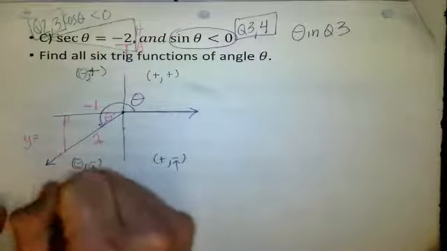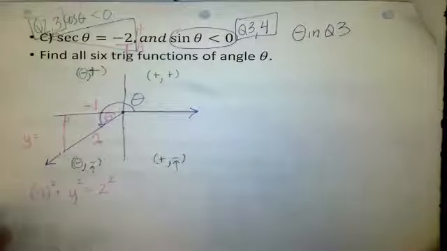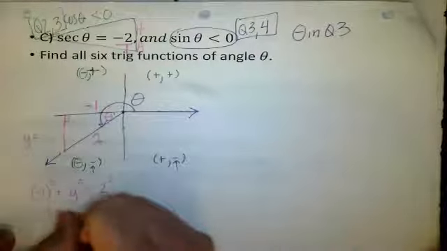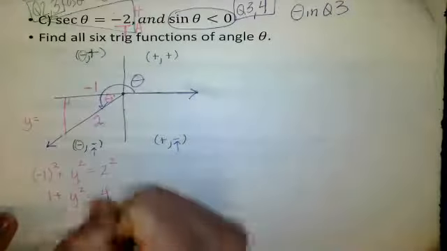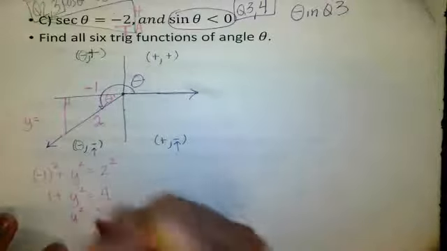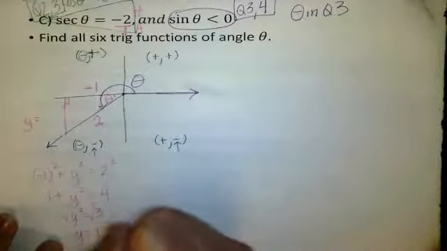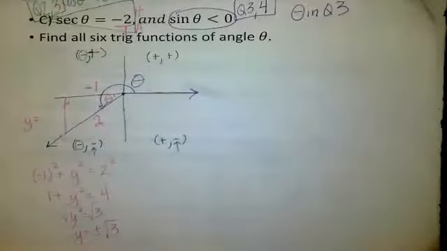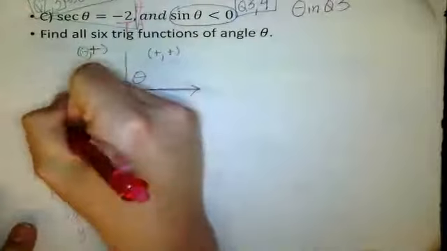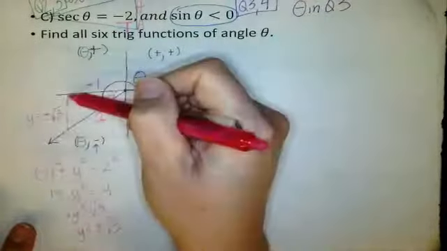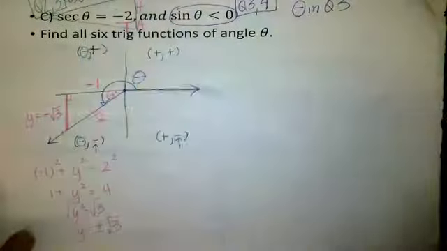So negative 1 squared plus y squared equals the hypotenuse squared. I'm going to subtract 1, so I get y squared equals 3. And when I take a square root, plus or minus radical 3, what should we use? Yeah, we need the negative radical 3 because our leg is going downward in quadrant 3 there.